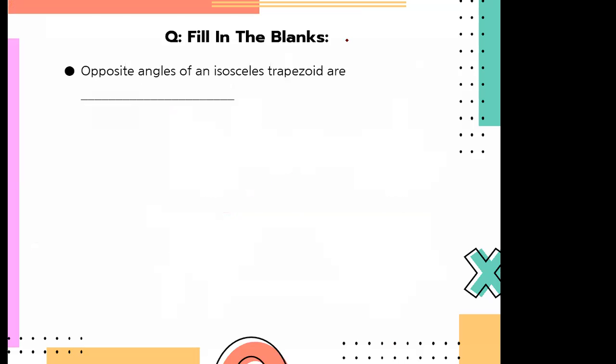Yes, what is the answer? I'm checking your answer, just a minute. Yes, supplementary. So the correct answer is opposite angles of an isosceles trapezoid are supplementary. Now move on to the next one.